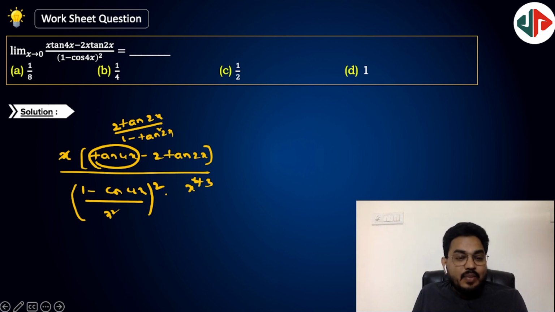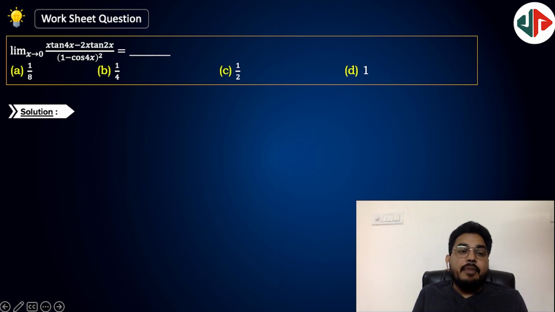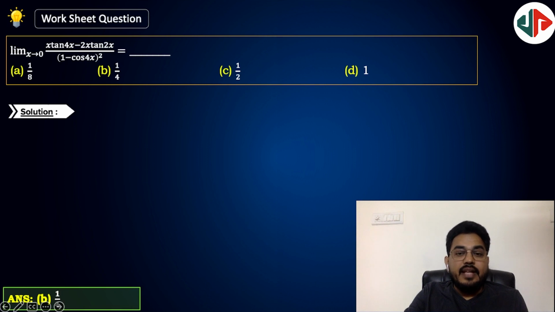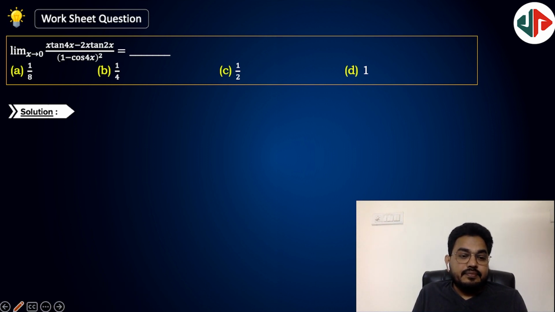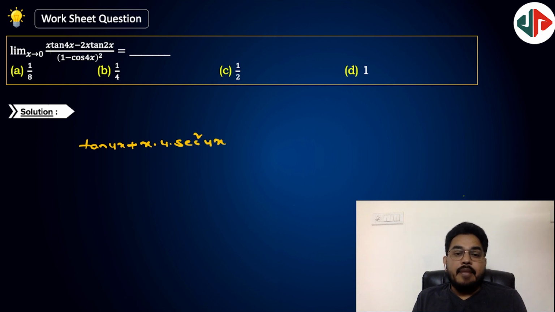Otherwise, maybe you can try L'Hospital rule further, that is going to be tan 4x plus x into 4 into secant square 4x, minus 2 tan 2x minus 2x into secant square 2x.